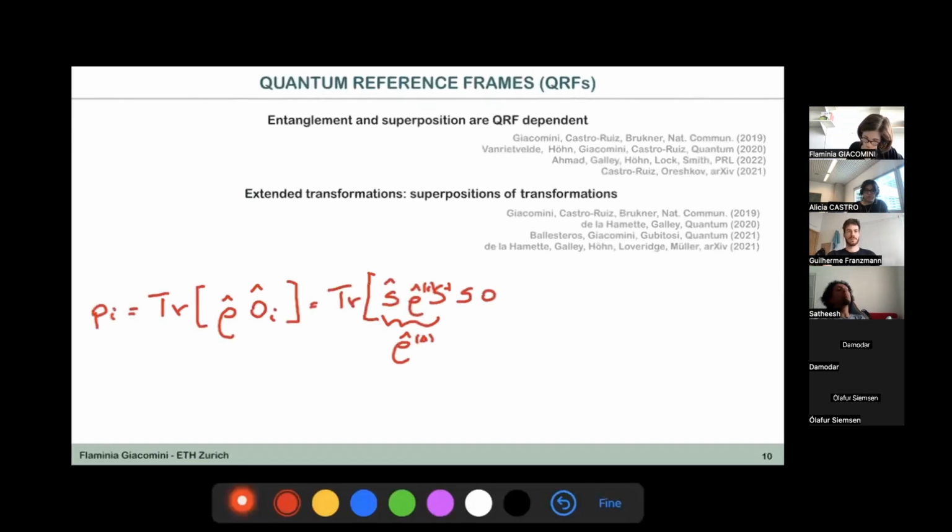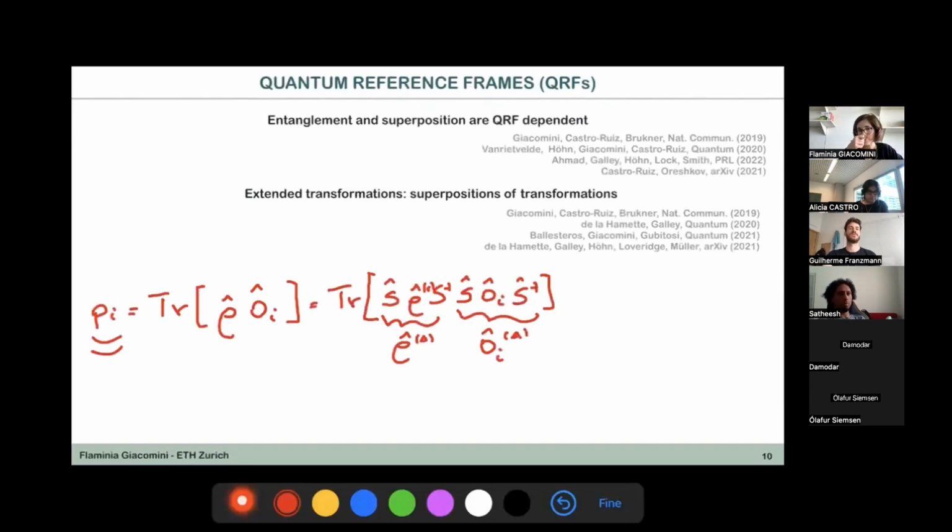So if I transform my operator in this way, then you see the probability is the same, but the operator is going to be different. So the operator gains an effect that cancels out so that everything works out in the end. Exactly. Okay, that makes a lot of sense.